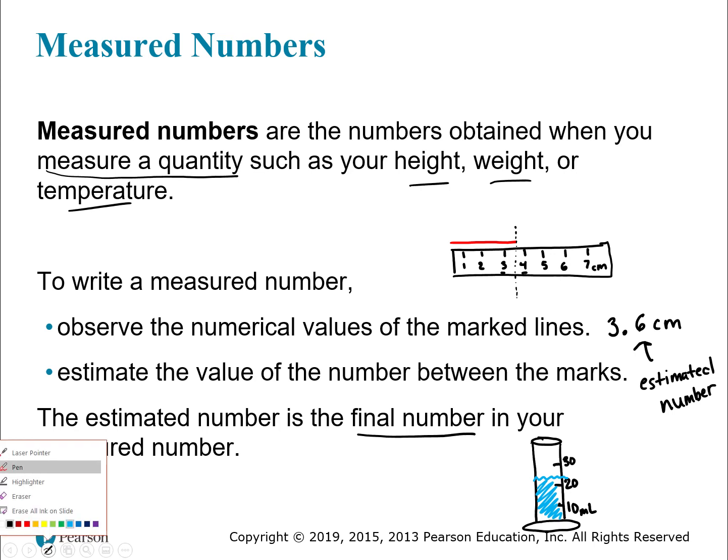And we need to estimate what this is. We know it's between 20 and 30. So that's 20. Now we can estimate where we are. I would say that this is almost 25, maybe 24.